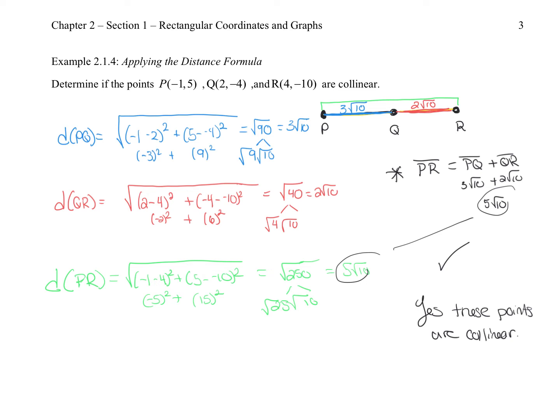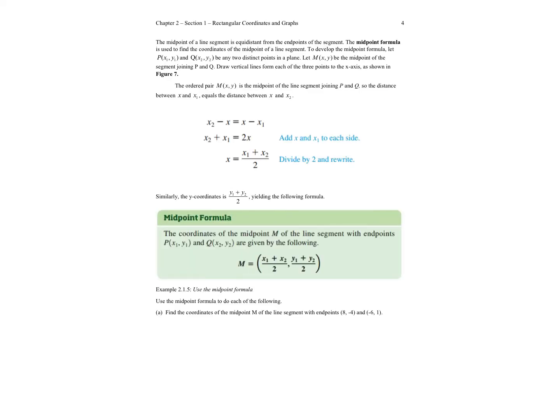Let's look at another formula. Another formula that you have used a lot is right here. It is the midpoint formula, and the midpoint is the middle between two dots. So if I have a dot here, and I call this dot x1, y1, and then I have some other dot over here, x2, y2, the midpoint, the middle of them, is the average.